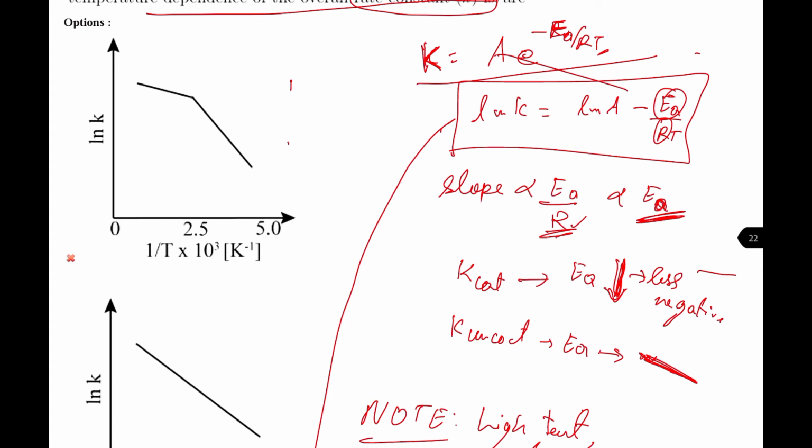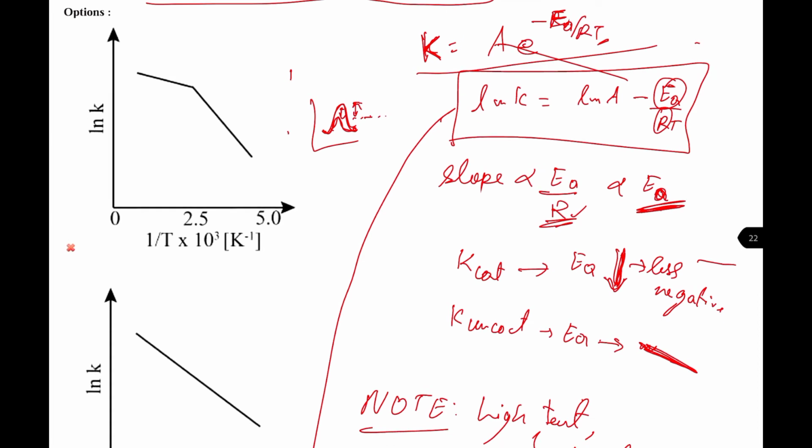And I hope you also know that a catalyst actually works by changing the activation energy. There are many factors for kinetics, and one of them is activation energy. So a catalyst lowers the activation energy. As a result, the reaction happens much more easily. So K catalyst, the rate constant in presence of catalyst, will have lesser Ea, lesser activation energy, so there will be a less negative slope.